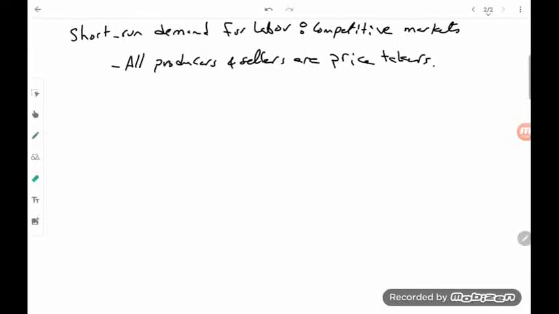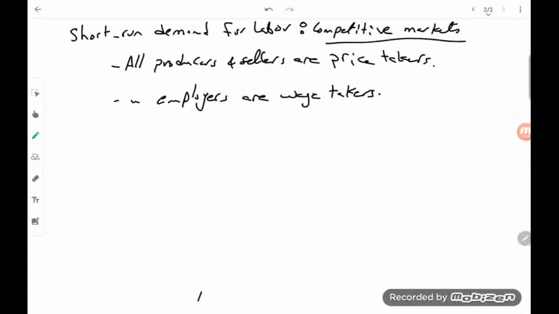And with respect to the labor market, all employers are wage takers. So this is what's meant by competitive markets with respect to labor and capital market.